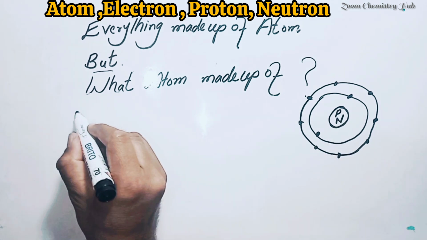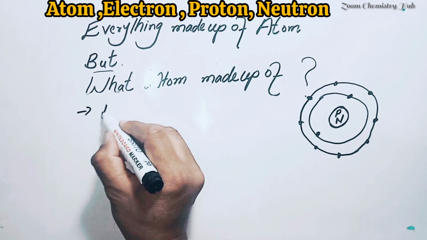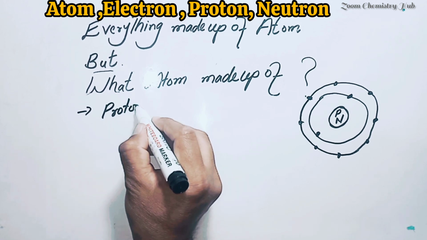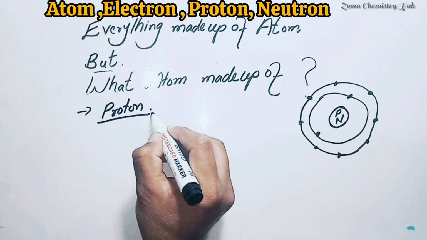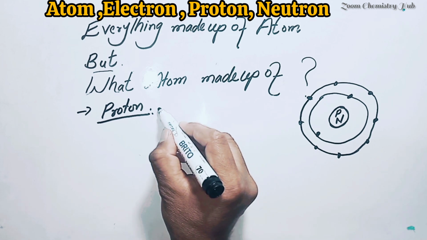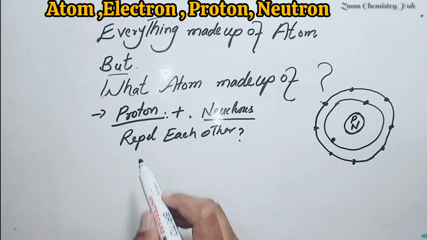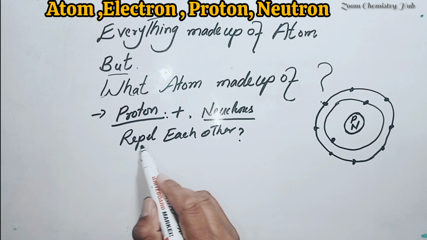Our first question is, what is a proton? A proton is a fundamental particle of the atom, and it carries a positive charge. Now the question is, do protons repel each other?